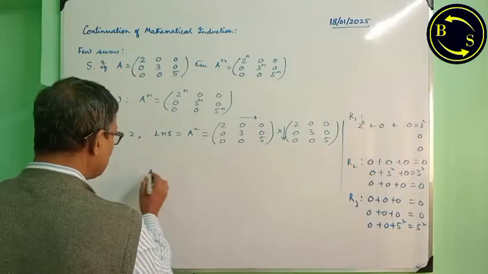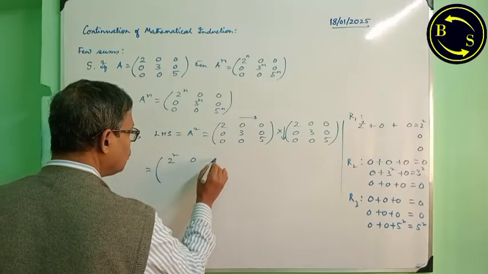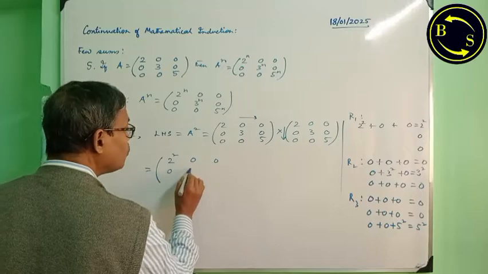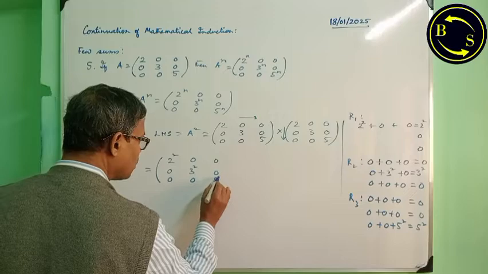Means result is [2 square, 0, 0; 0, 3 square, 0; 0, 0, 5 square].